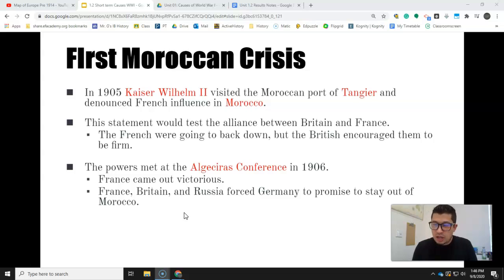And it's going to test that very old rivalry between France and Germany by denouncing French influence in Morocco, trying to take influence away from France and put more influence from Germany, to get access to the raw materials and the trade that Morocco had to offer. So Germany is going to go into Morocco and flex a little bit. It's going to try to bully France.